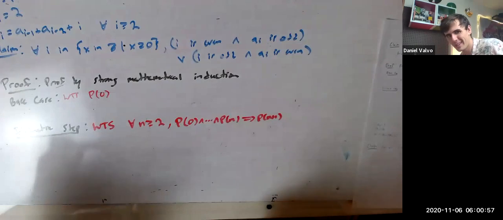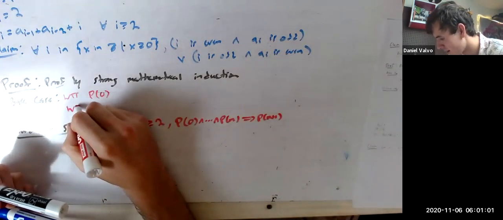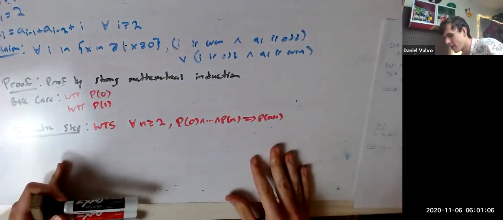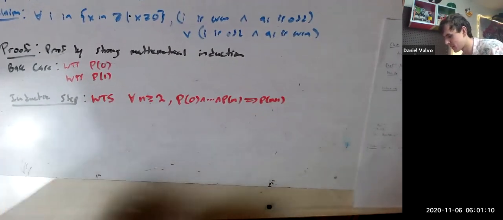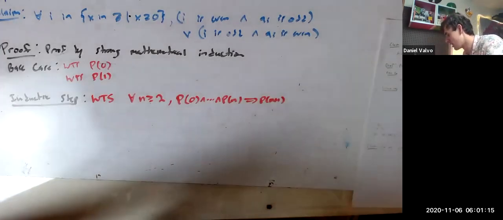Here's the thing. We're also going to want to show P of 1 is true. And you'll see that in a second once we do this argument. So let's do this argument first. So I want to show for all n greater than or equal to 2, P of 0 through P of n implies P of n plus 1.